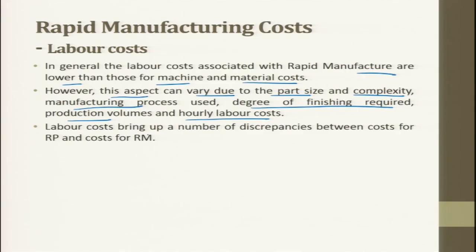Labor costs bring up a number of discrepancies between the cost of rapid prototyping and rapid manufacturing. Firstly, setting up a build on a rapid prototyping machine is a highly skilled requirement and a relatively slow process. So, rapid prototyping is relatively expensive.